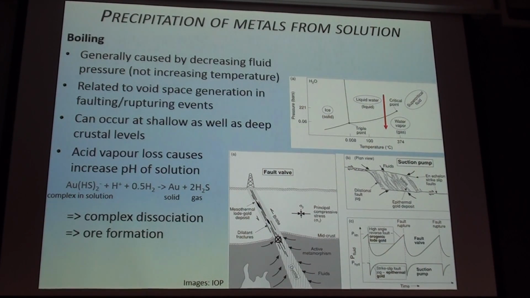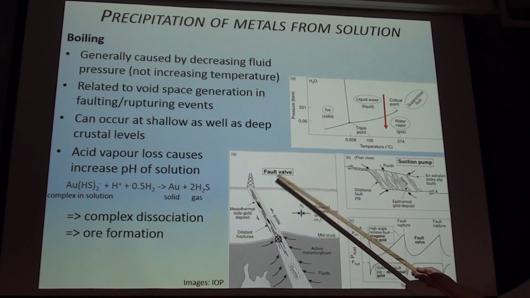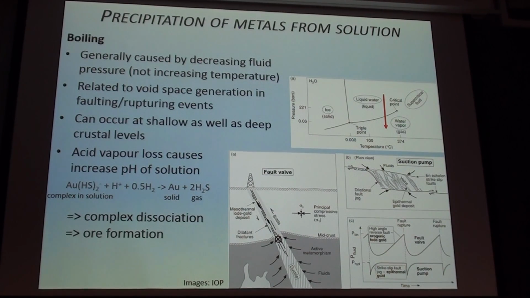This can happen along faults or shear zones. When we have movement, we might generate dilational jogs, which generate a void within a rock, so a generation of a vacuum where the fluids can suddenly rush in.